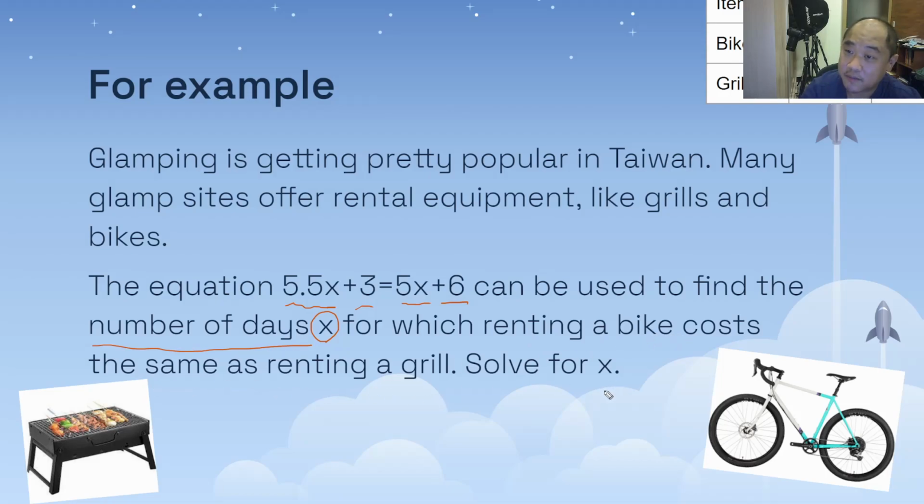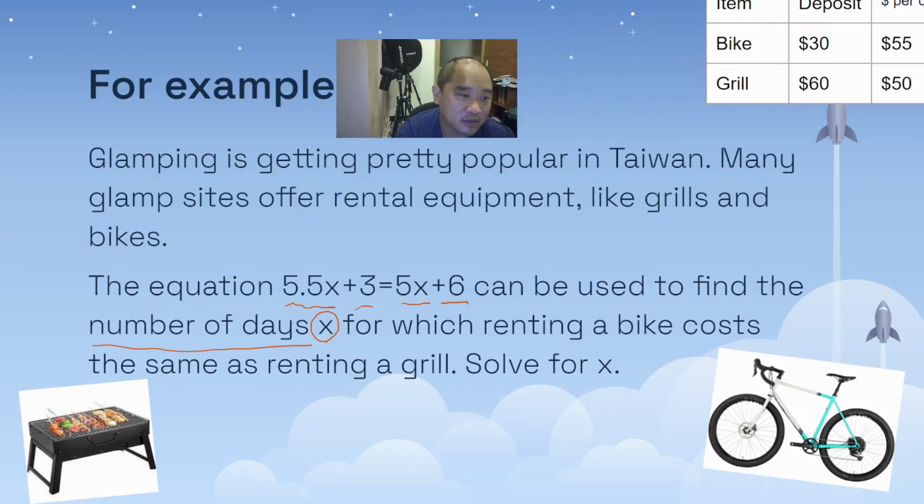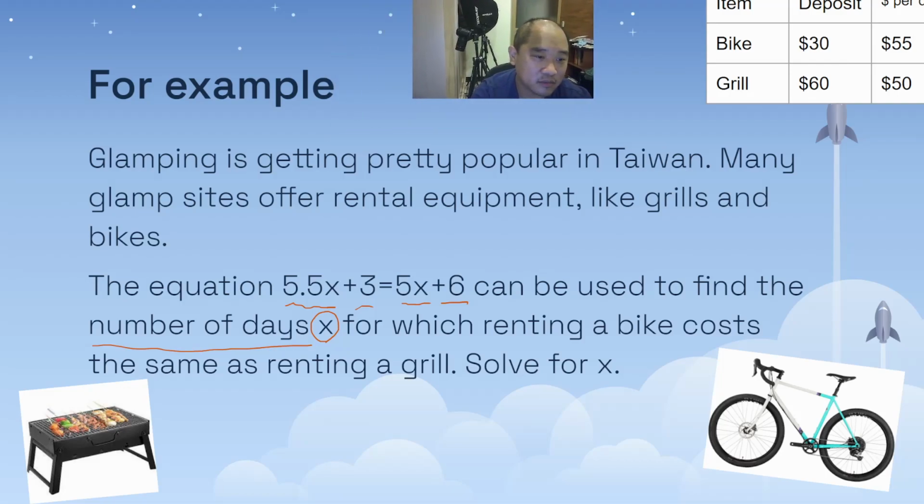Solve for x. So, when you go glamping at this glamp site, oh no, you can't see this because I put it behind my face. You know what? The face can go. How do I get rid of the face? I can just move the face. Great. I'll just put it right here. But this is still, it's amateur hour here.